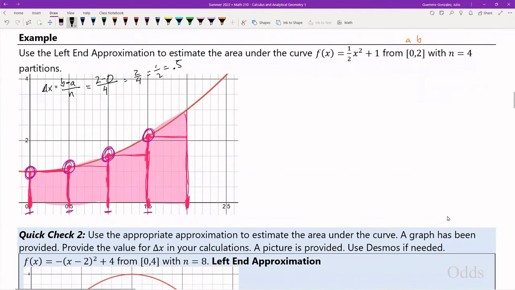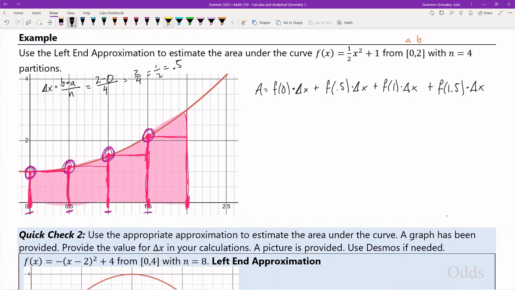My area is going to be f of 0 times delta x, plus f of 0.5 times delta x, plus f of 1 times delta x. Those are deltas. It's hard to draw triangles. Plus f of 1.5 times delta x, okay?